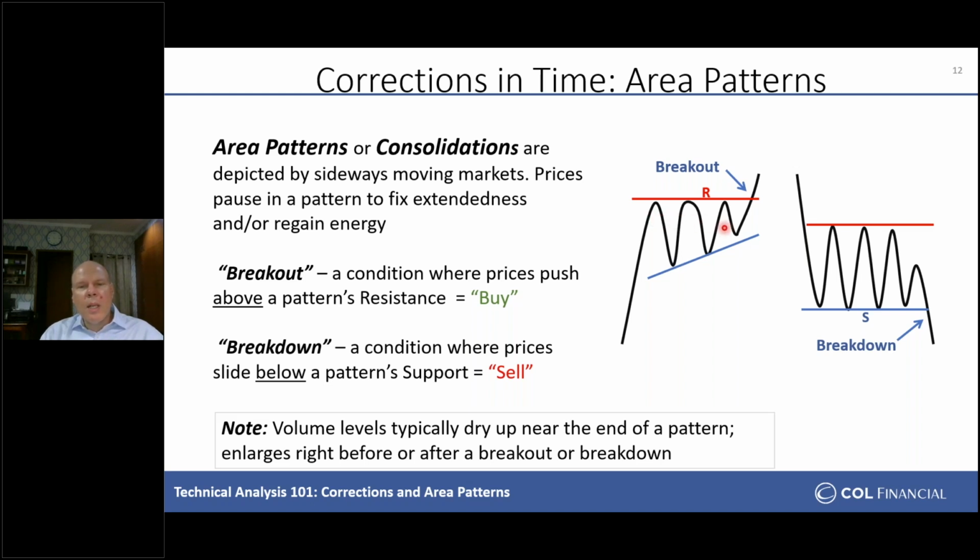But when consolidations like this begin, the tendency for volume is to drown itself down or to narrow itself because fewer and fewer people become interested in a stock price that's not moving or is moving sideways, because it's very hard for them to make money. But that also gives us a clue that if volume levels become too dry, it could also tell me that the potential move may be coming because there are no more shares to be sold and that more impact on the trend move may come very, very soon. So it's something that we want to look at.